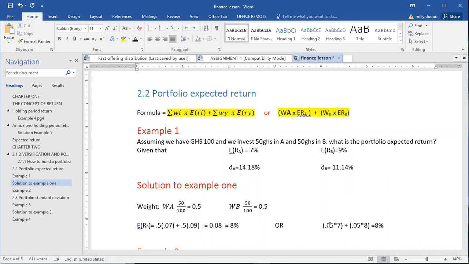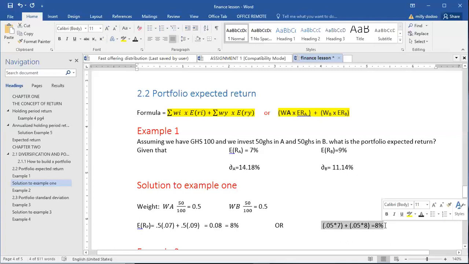The reason why students who go this way sometimes get answers wrong is that they fail to understand that when you are using the absolute figures, as for the probabilities, it must always be in the 0 points. So sometimes, to be on the safer side, I convert everything into 0 point something, so that I'll be on the safer side.